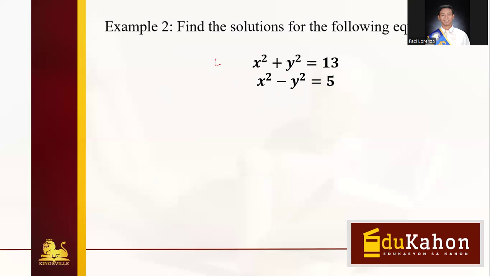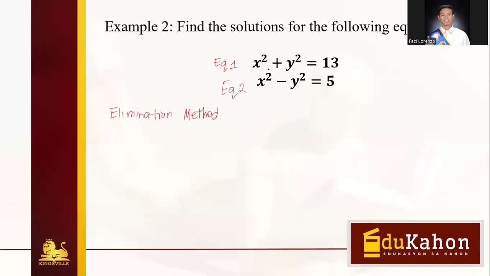If we have equation 1 as x squared plus y squared is equal to 13, and equation 2 as x squared minus y squared is equal to 5, then we will use the elimination method by adding the two equations. Let me just write elimination method.